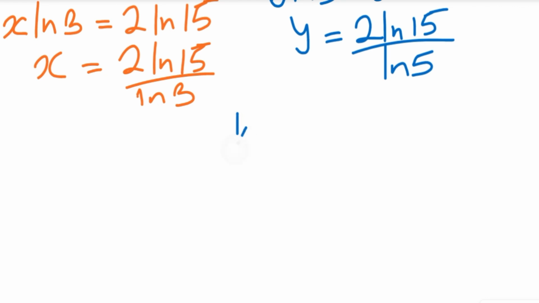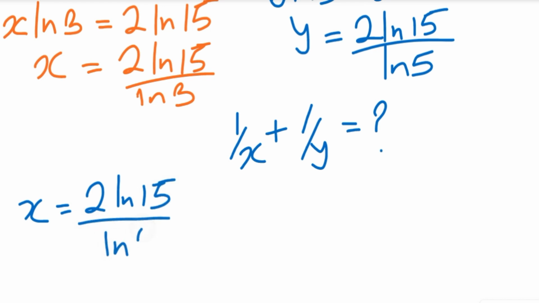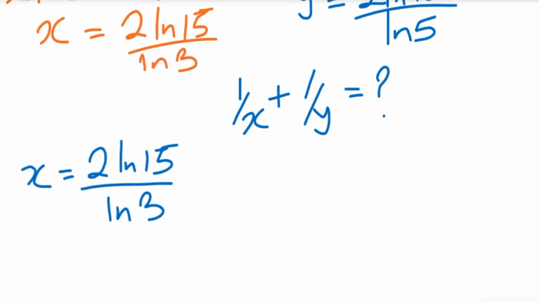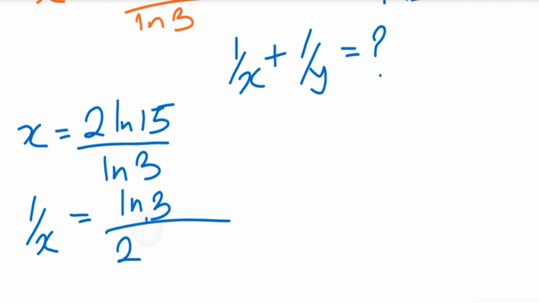Remember, 1 over x plus 1 over y is exactly what we are asked to look for. From that expression, we found out that x is equal to 2 times the natural log of 15 divided by the natural log of 3. So the reciprocal of x will be equal to the natural log of 3 divided by 2 times the natural log of 15.